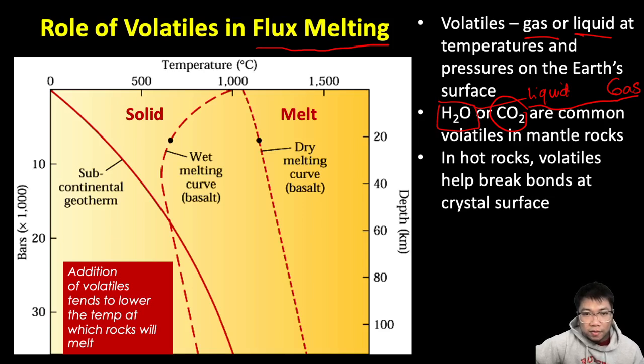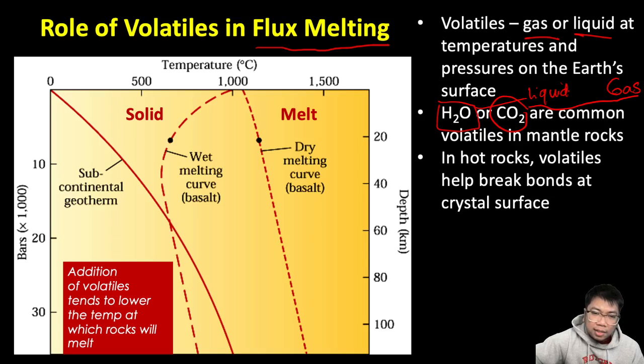The reason why volatiles are important in this process is because they help break bonds at crystal surfaces. For example, here I have two curves now. One is the dry melting curve for basalt, and here is the wet melting curve for basalt.